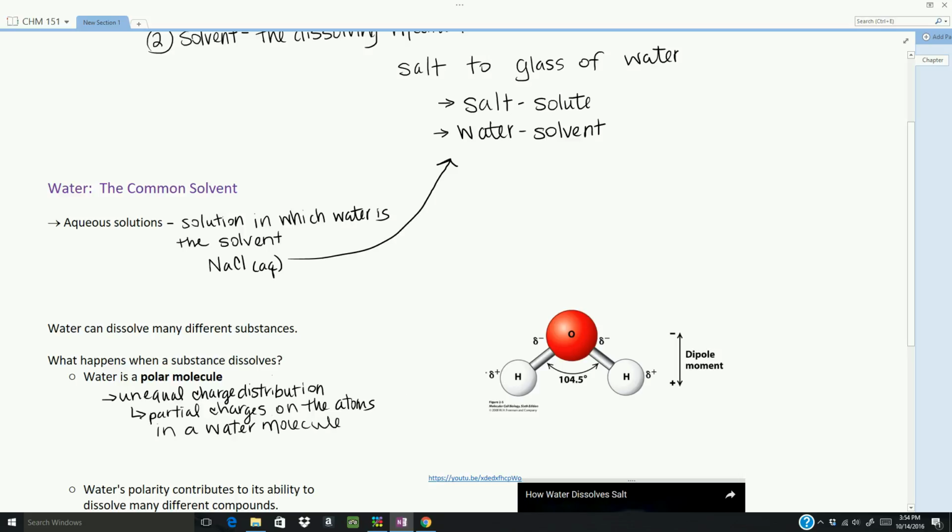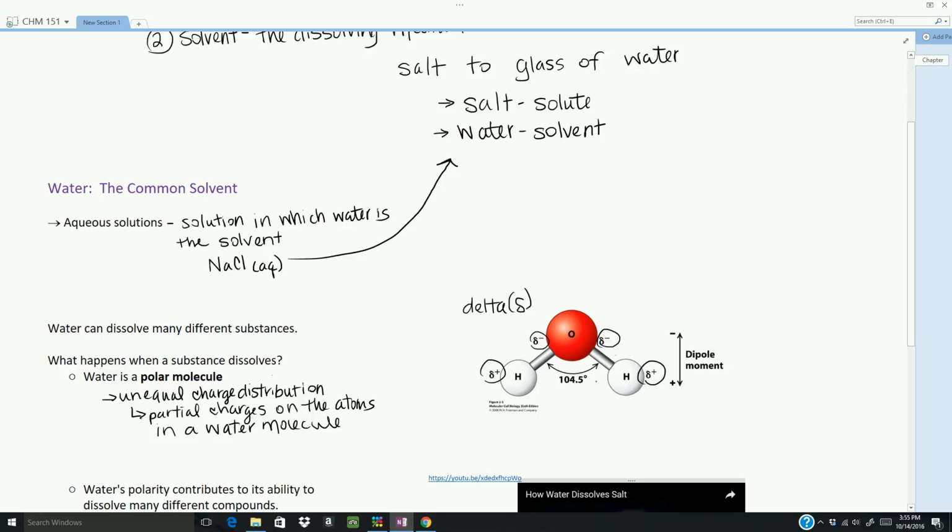Okay, so this image over here shows the partial charges. These are always represented by a delta symbol, delta spelled out in words, but it's this squiggly symbol that kind of looks like a D. You can see that oxygen has a partial negative charge, and each hydrogen has a partial positive charge.